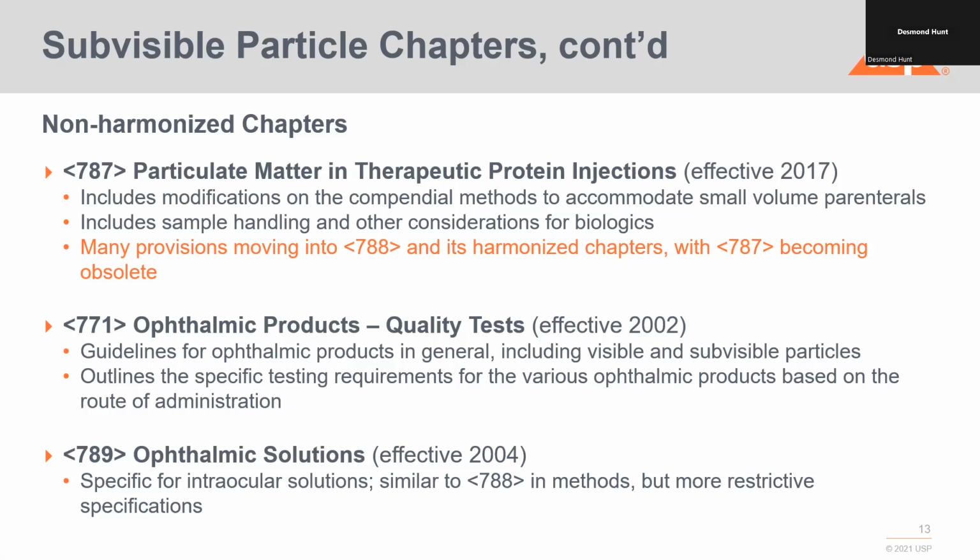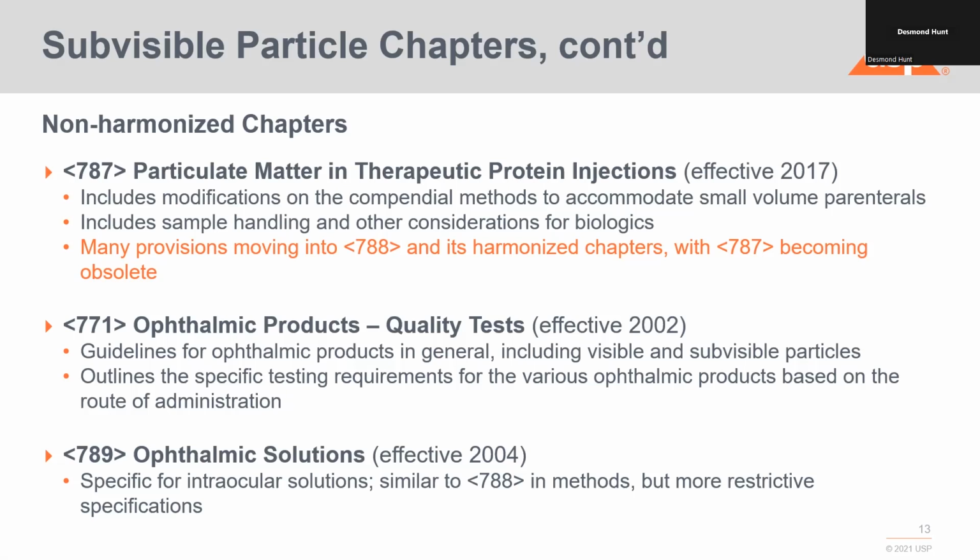The one caveat I always say when it comes to harmonized chapters is that it is a very, I won't say torturous, but it's a very long process, because one could imagine every word, every sentence is analyzed not just by the experts within USP, but the experts within the European Pharmacopeia, as well as the experts within the Japanese Pharmacopeia.